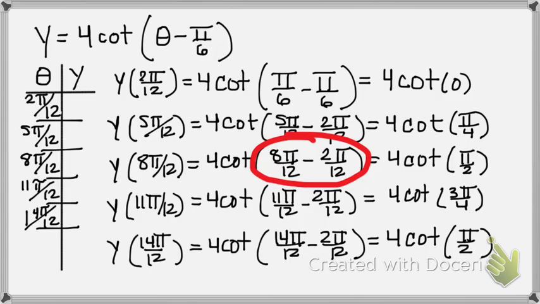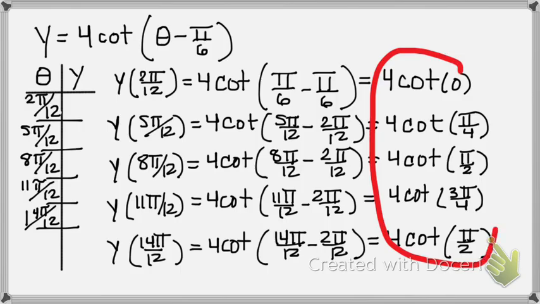So I have 6 pi over 12, which simplifies to pi over 2, right? And we get these, so these are the values of y, right? We want to be able to evaluate these without a calculator. So let's go ahead and isolate those.